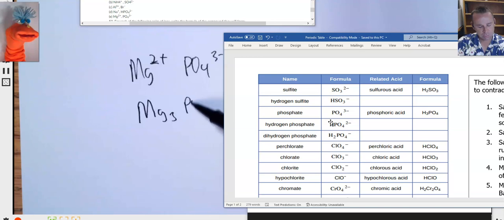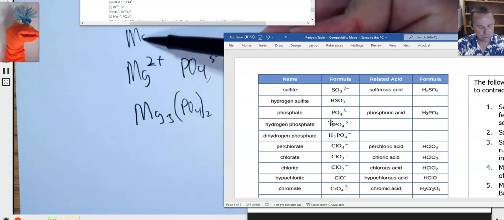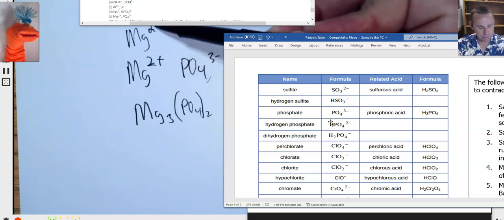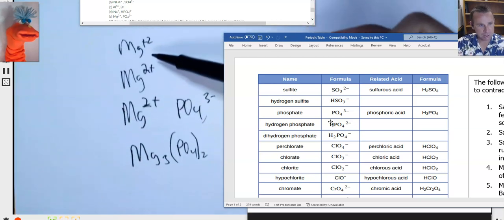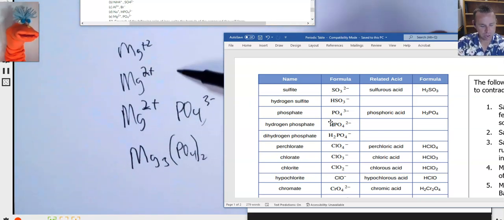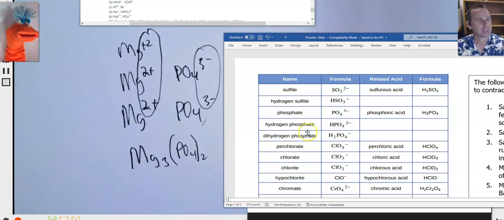Mg3(PO4)2. I have to make sure I put that in parentheses though, because I'm having two of this whole thing. So I needed three of these magnesium 2+, and I needed two of these phosphate 3-, a minus 6 and a plus 6. Okay, good.